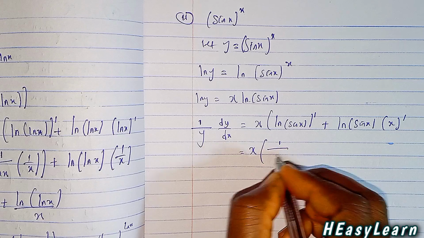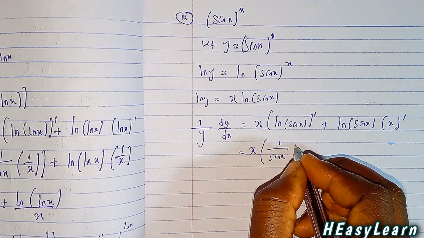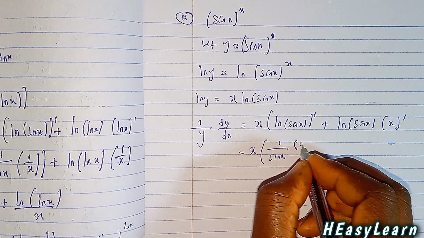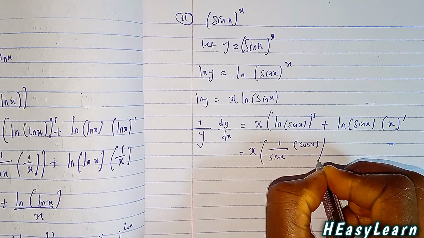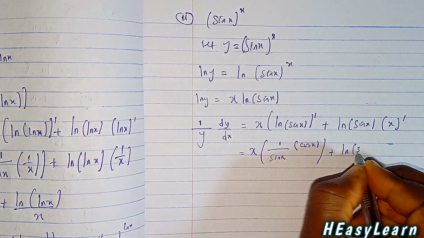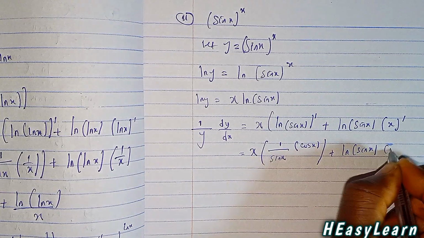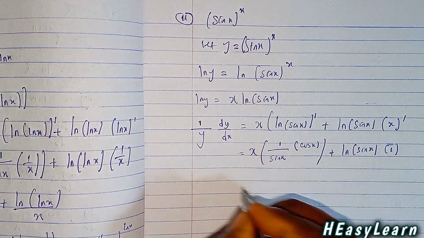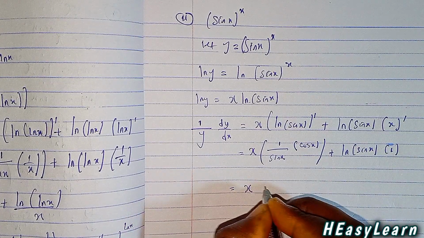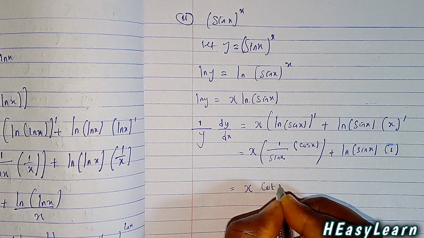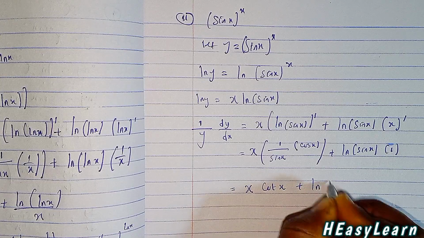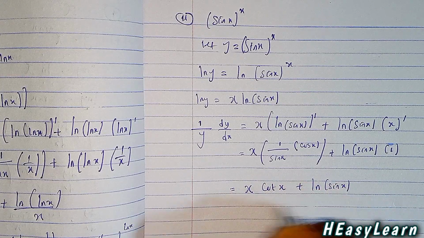This is 1 over sine x times the differential of the inside, cos x, plus ln sine x times the differential of x, which is 1. This is the same thing as x cot x plus ln sine x.